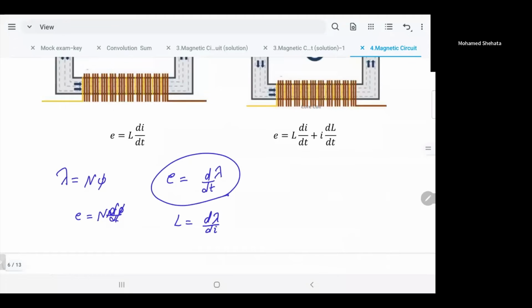From these two equations, you can say E equals d lambda by dt. Put di here and di there, and that will be equal to L times di by dt. That's the equation you have in circuits 2: the voltage across the inductor is equal to L times di by dt.